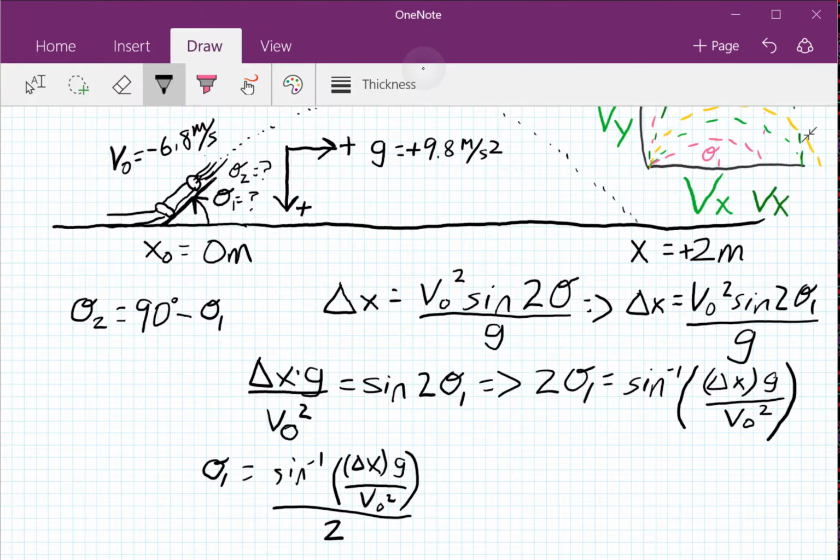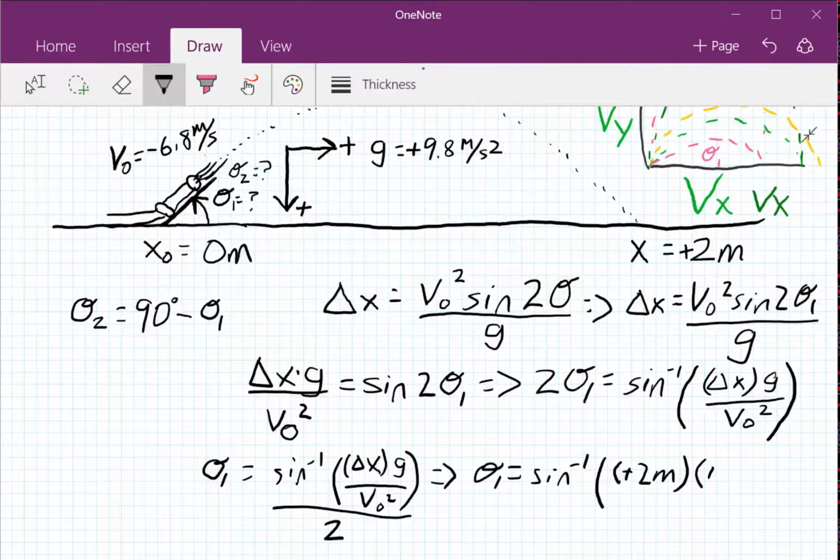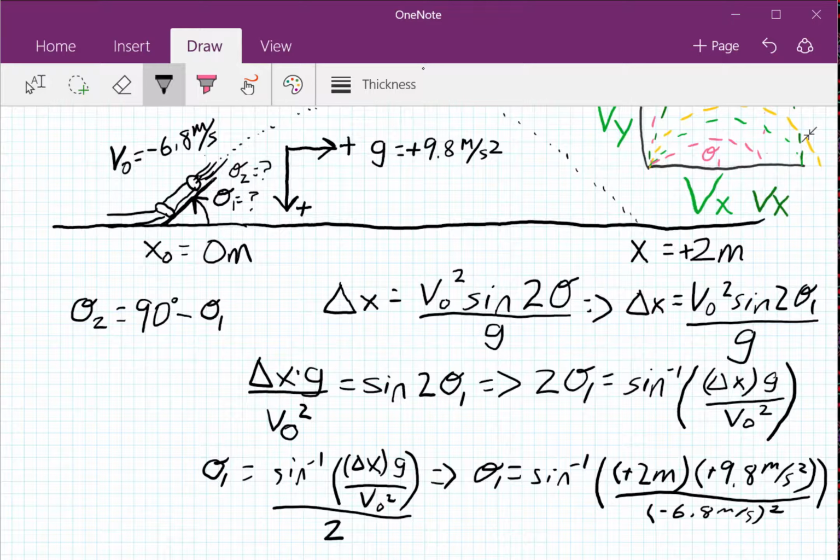Plugging in our values, we get theta 1 equals, now delta x, that's just your change in position, that was a positive 2 meters, and g was a positive 9.8 meters per second squared. The initial velocity was a negative 6.8 meters per second, and all that was squared. And then you have to divide all of that by 2.